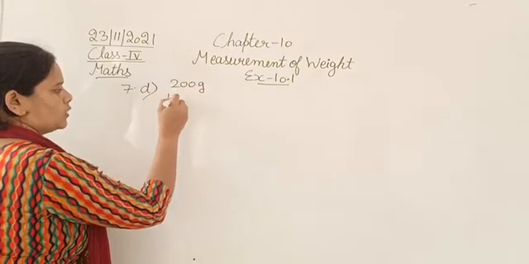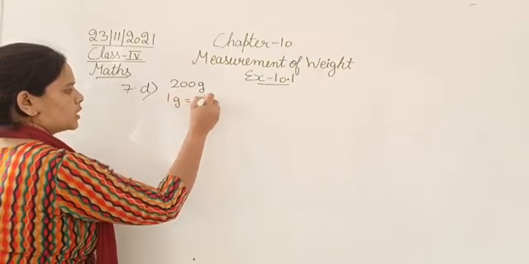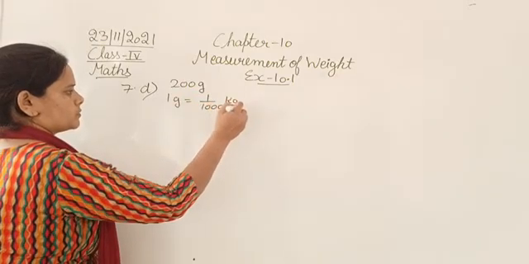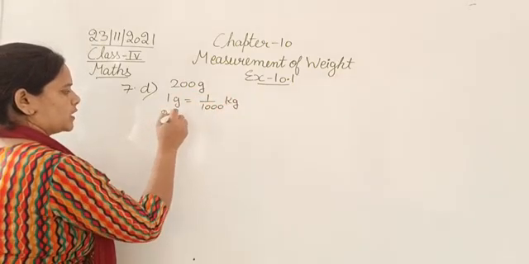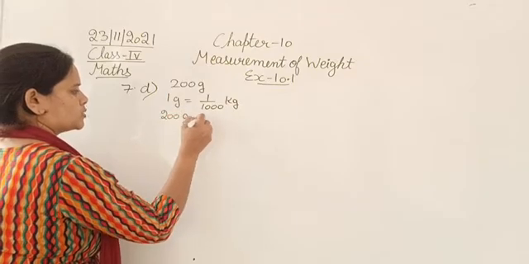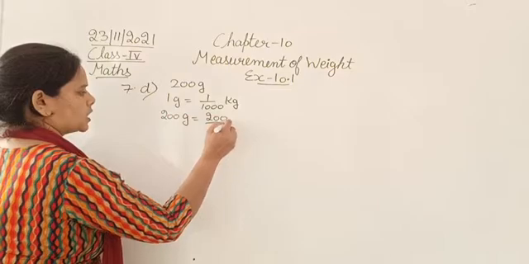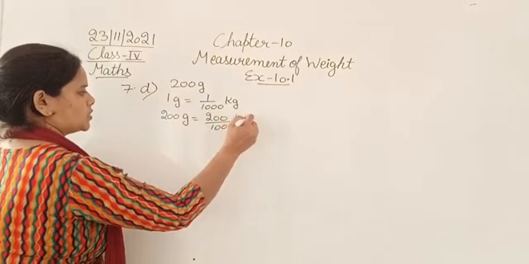Okay. Again, 1 gram is equal to 1 upon 1000 kg. 200 gram is equal to 200 upon 1000 kg.